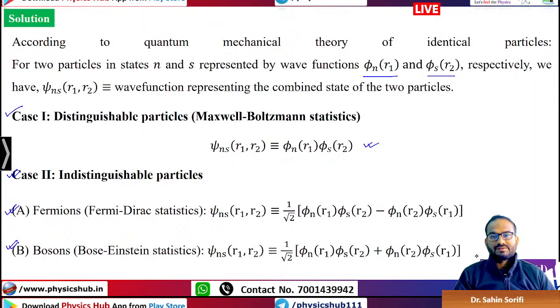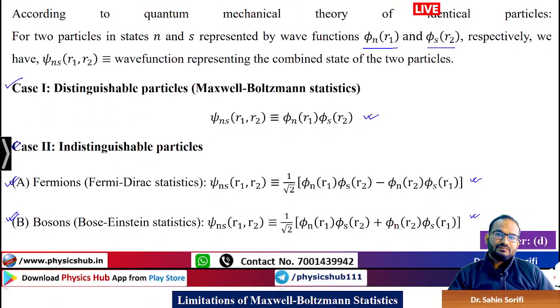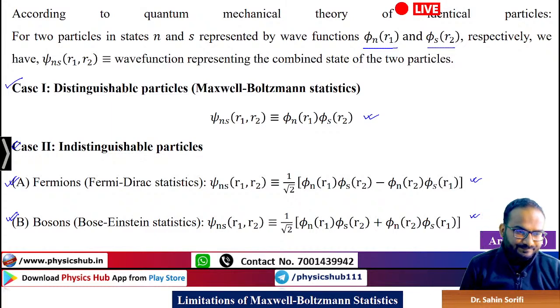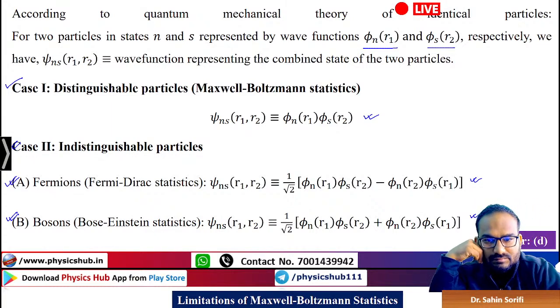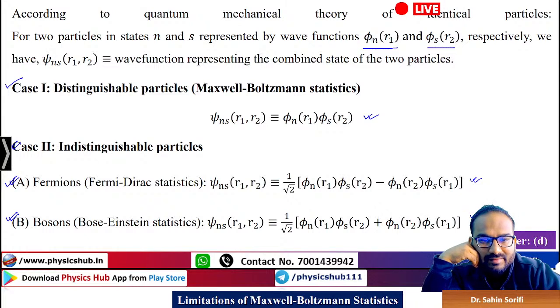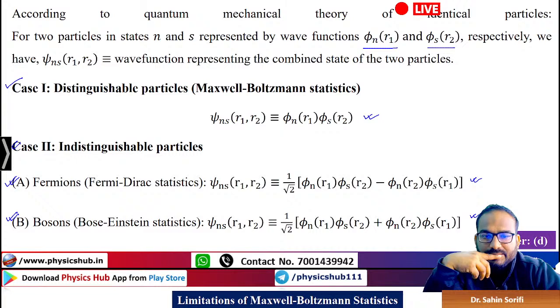So remember this, it is a theoretical question, you must remember it. Understood? For fermions, we will have an antisymmetric spatial wave function, and for bosons, we will get a symmetric spatial wave function.